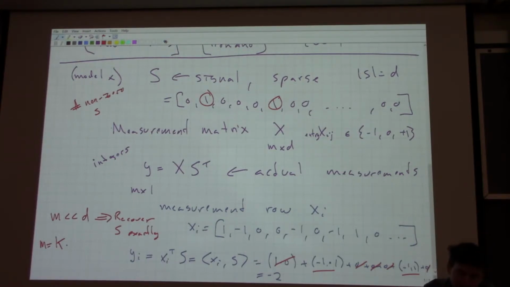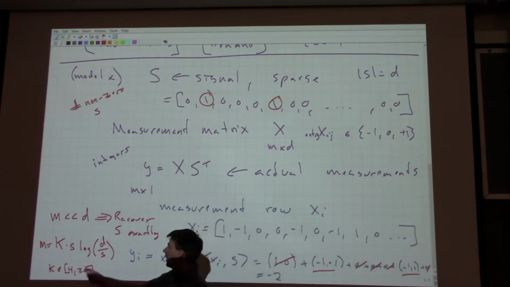And this is slightly different in the notes, I'm sorry. So the number of measurements I'll need will be some K, an absolute constant, times S times log of D over S. Okay, so K is going to be somewhere between 4 and 20.